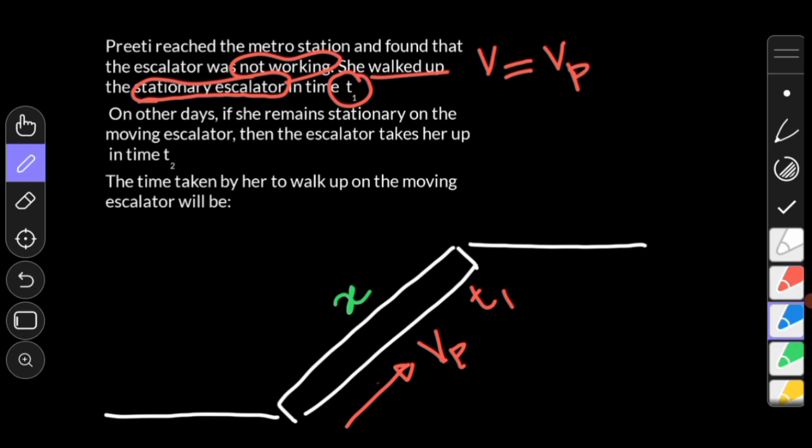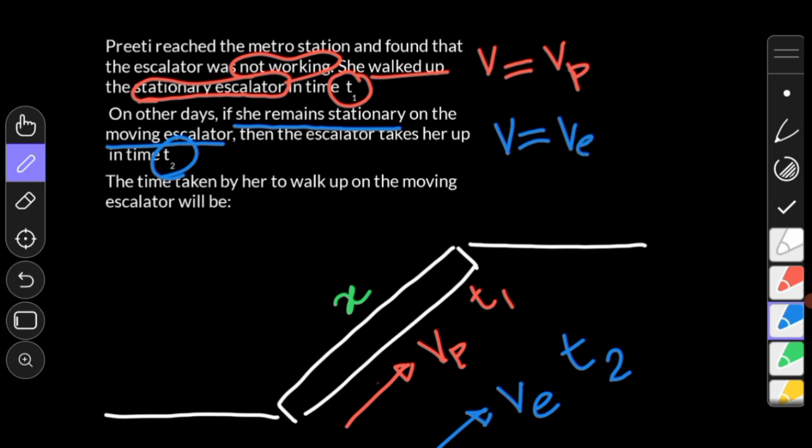In the second case, if she remained stationary on the moving escalator, then she reached in time t2. So in the next case, the time taken is t2, and the velocity here is ve, because she remains stationary and the escalator is moving.